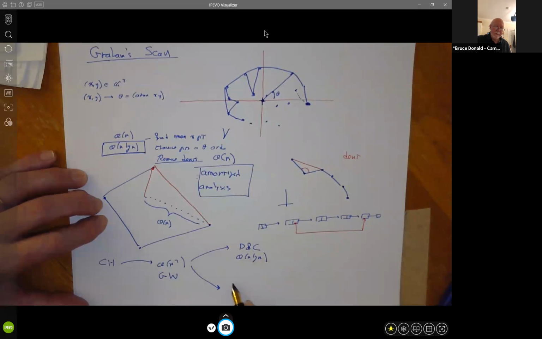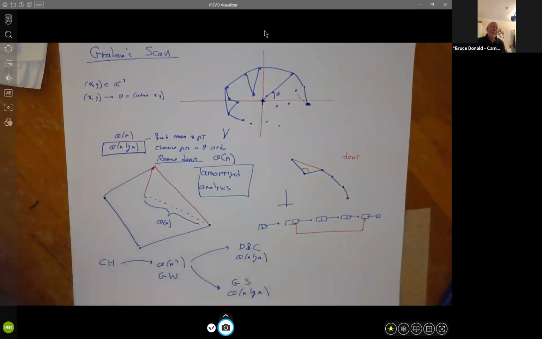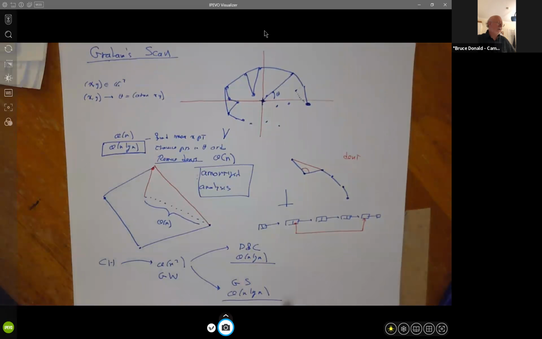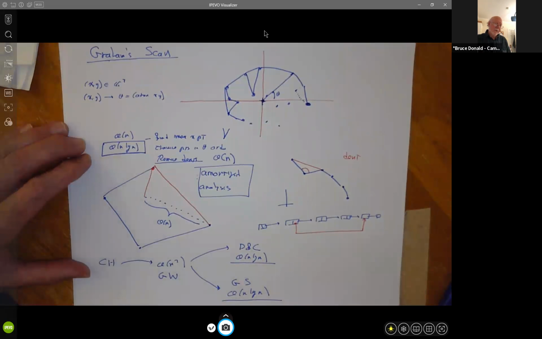And then we came up with Graham scan, which is order n log n. And we needed different tools for this. Here we needed a recurrence and a little geometry. Here we needed very little geometry, but we needed to do this analysis that argues that the dents kind of don't add up. And of course, we get back a well-formed polygon.